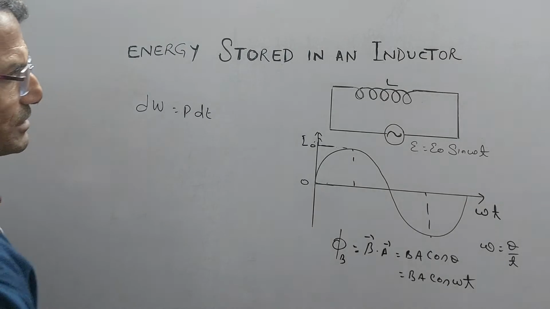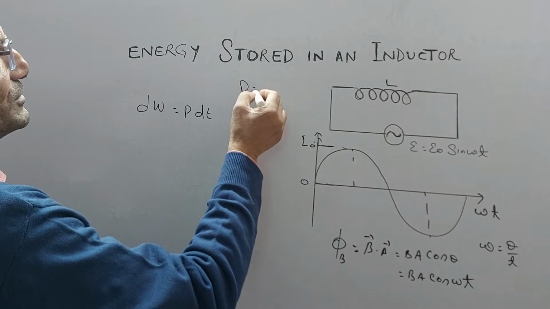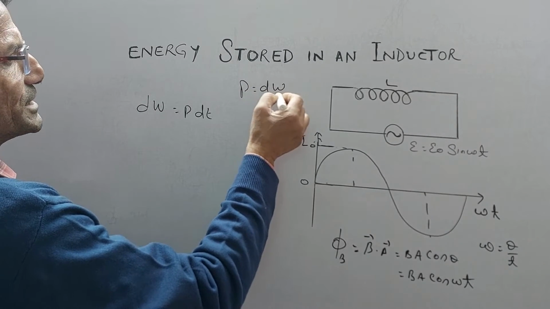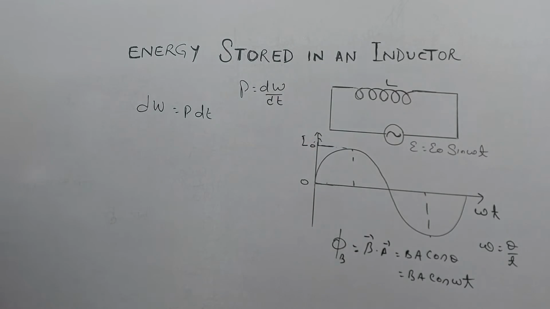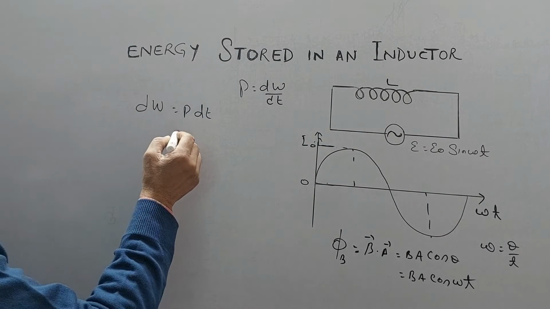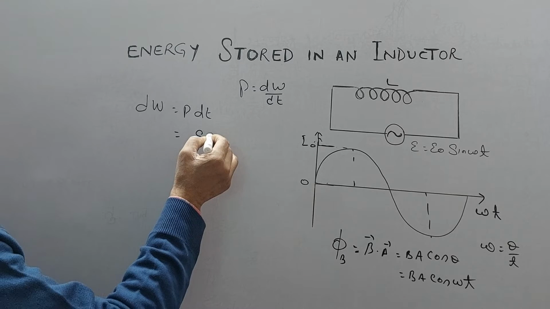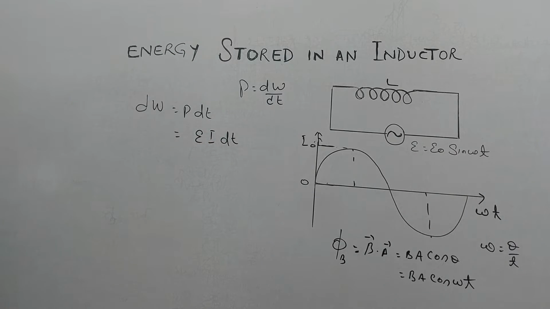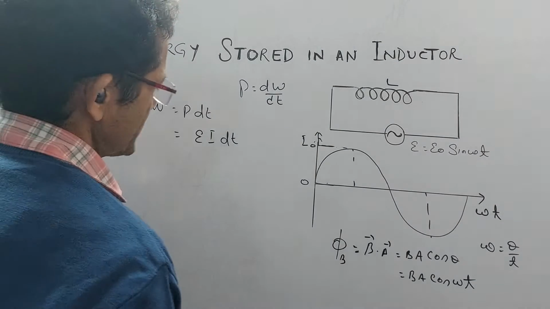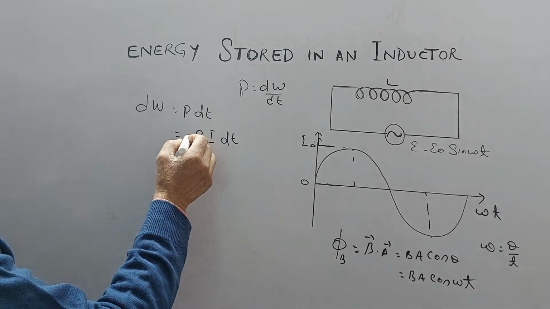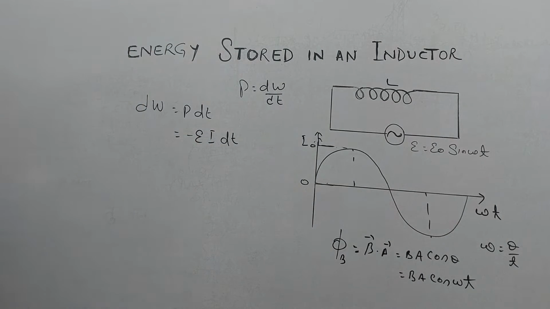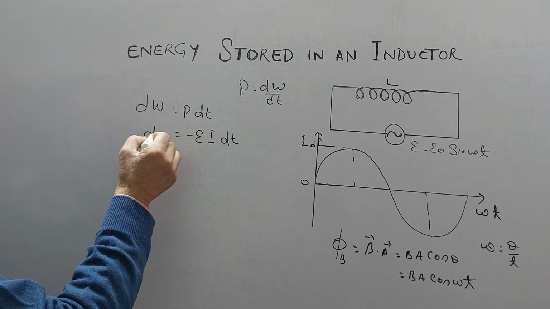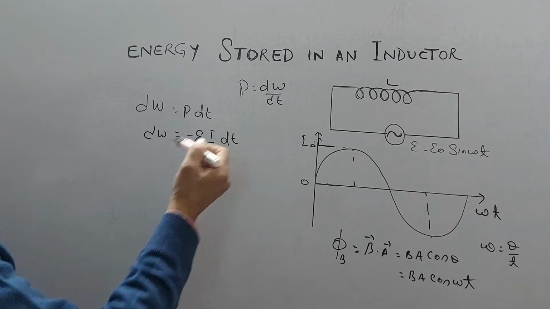From the formula of power, power is work done divided by time. Power also has another value, EMF multiplied by I. Since the induced EMF opposes the rise of current, we have to put a minus sign before it, so dW equals minus E I dt. This is the small work done in the time interval dt.